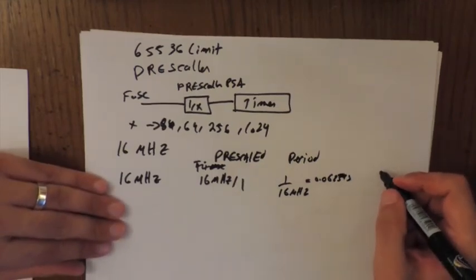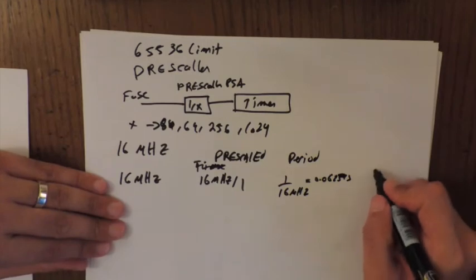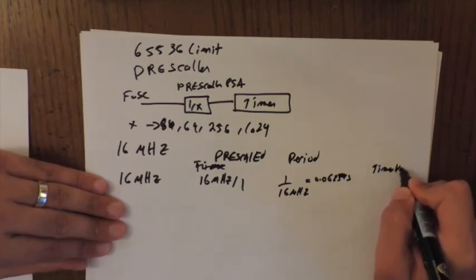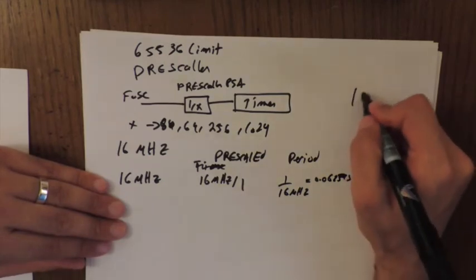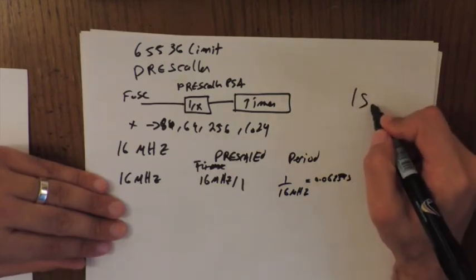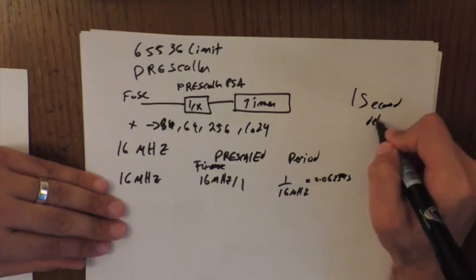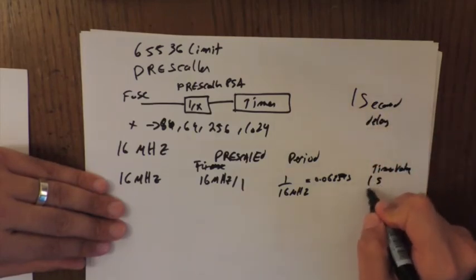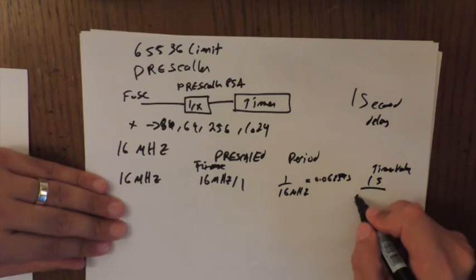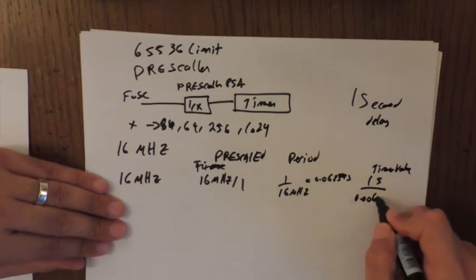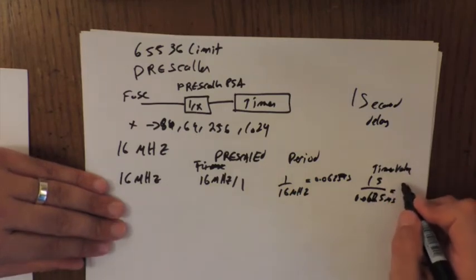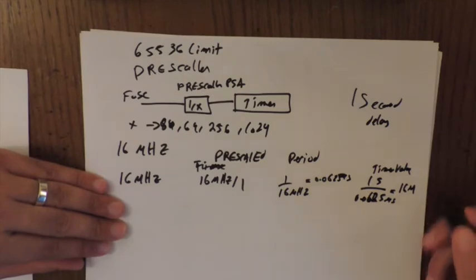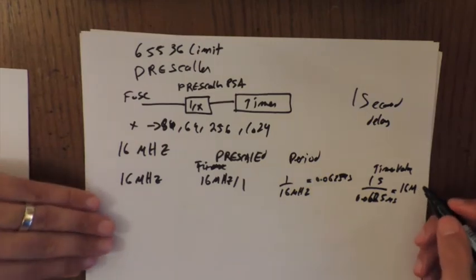And the timer value, if I want to do, let's say, a 1 second delay, is 1 second over 0.0625 microseconds, which is going to be 16 million, which is greater than 65,000.